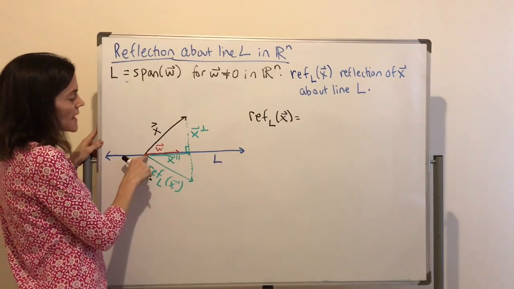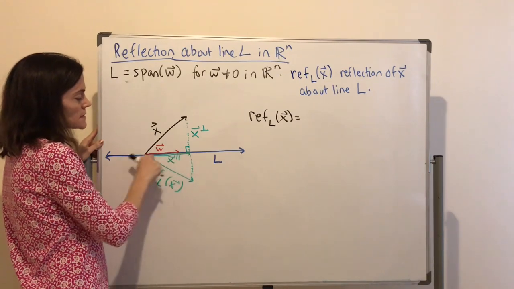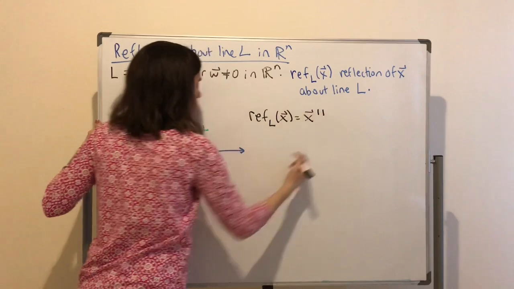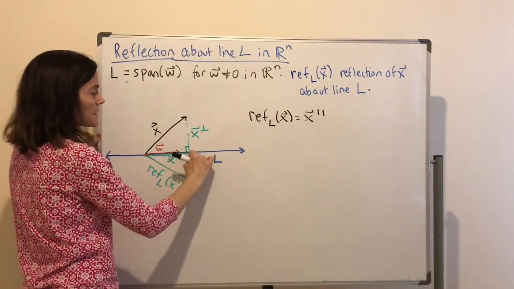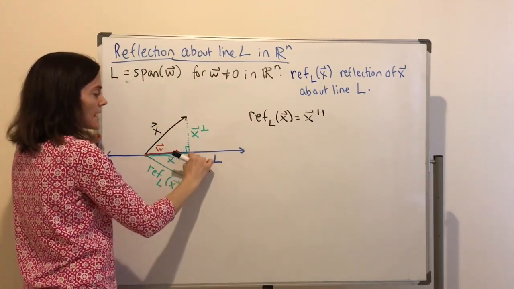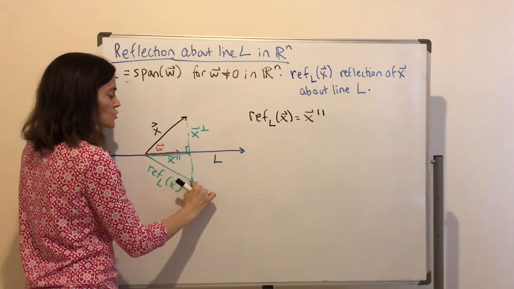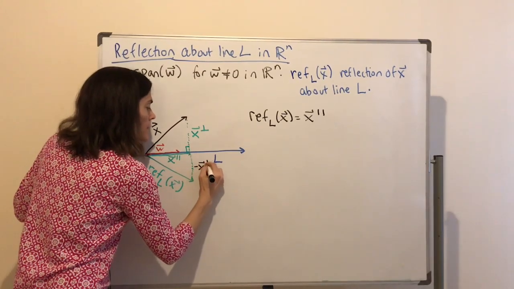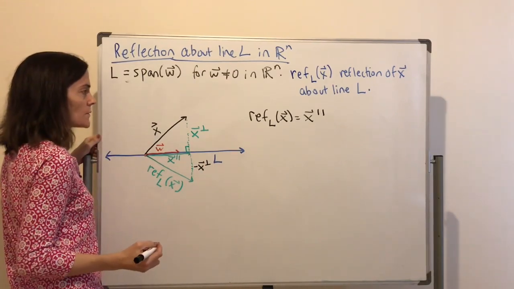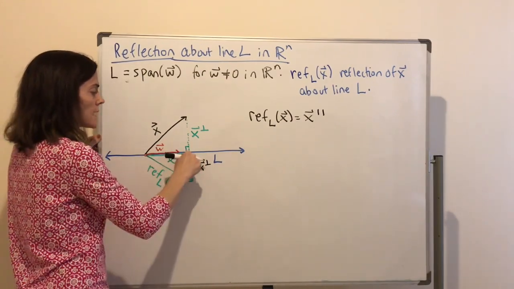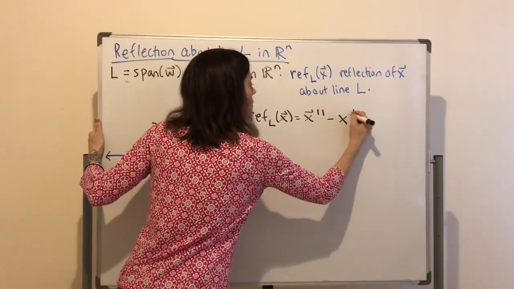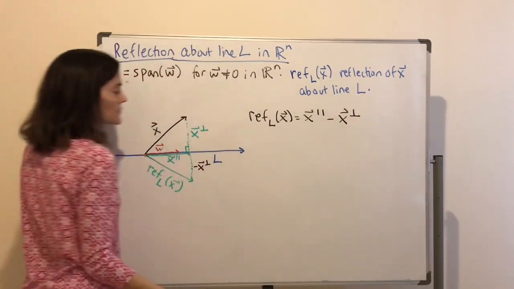First of all, we can take this is the projection of x onto the line, and then it's not adding, it's subtracting. So you subtract, this is minus the component of x that is orthogonal to L. Okay, so you take this, then you add minus 1 times it, and we get the reflection.